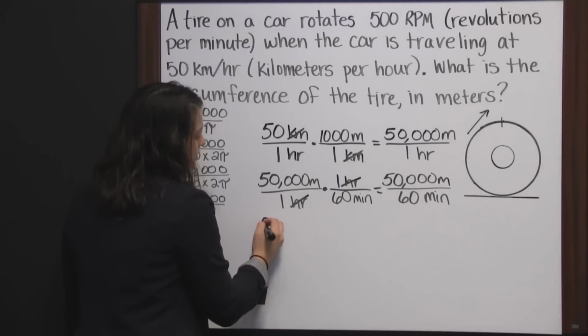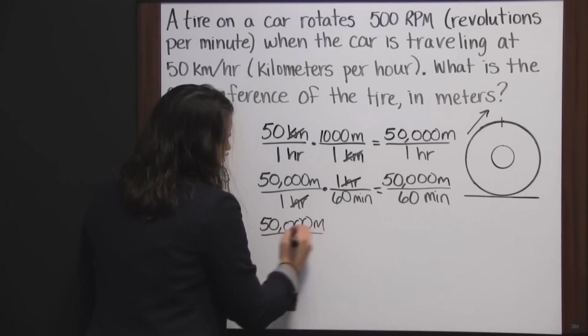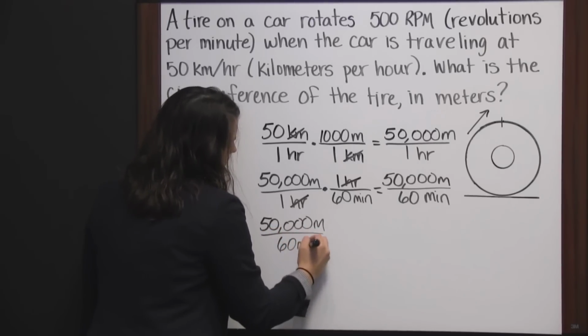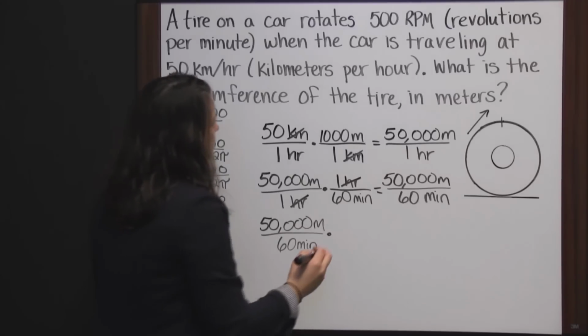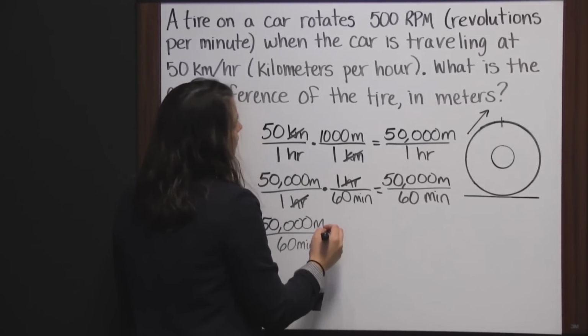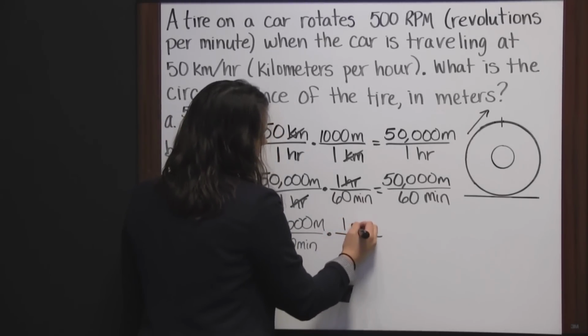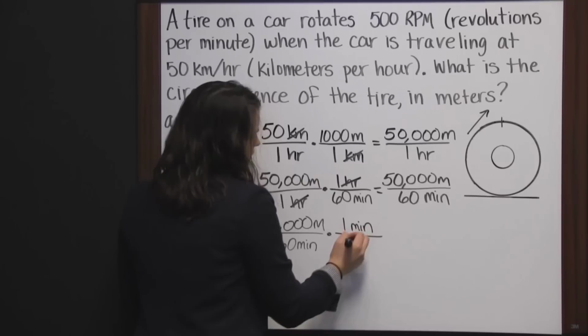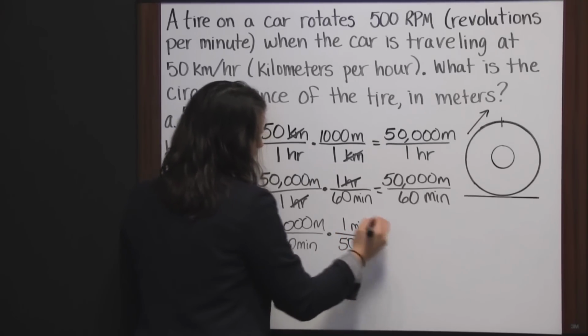So I'm going to take this 50,000 meters per 60 minutes and multiply it times my 500 revolutions per minute. So every 1 minute, the car goes 500 revolutions.